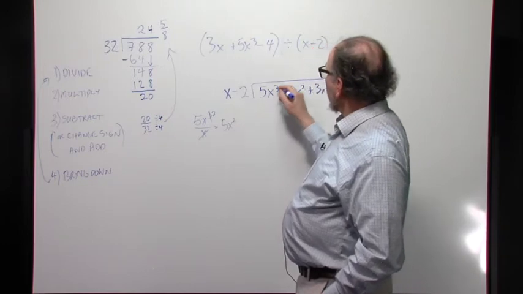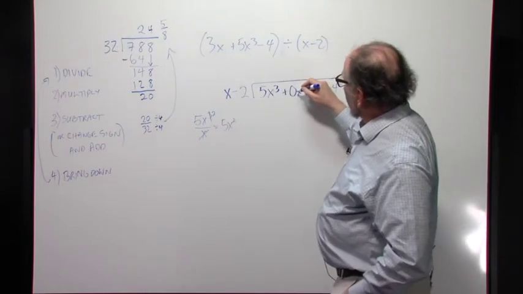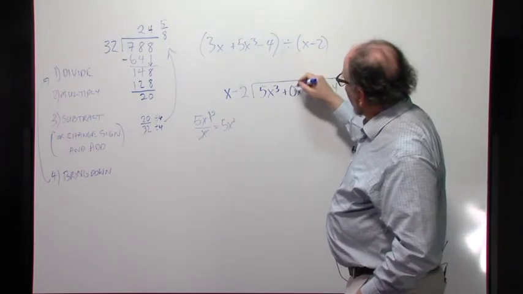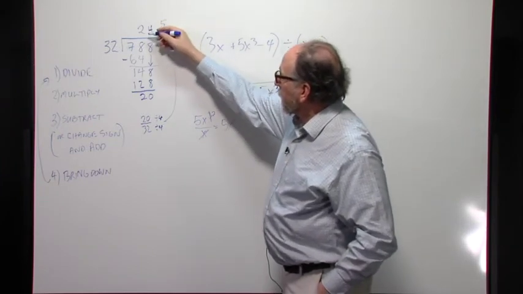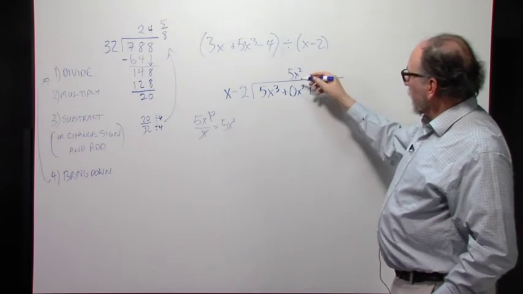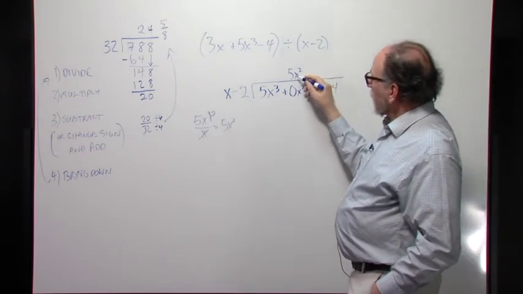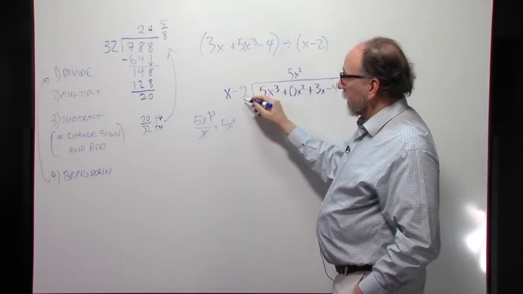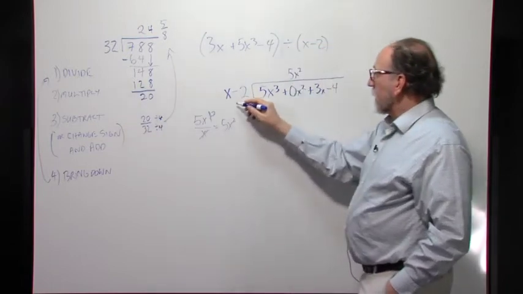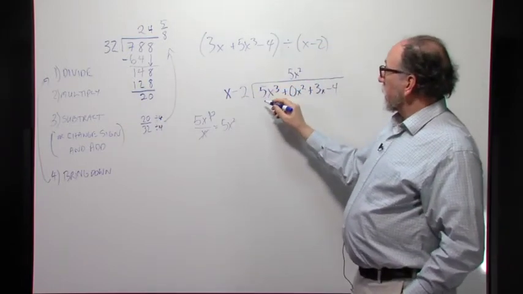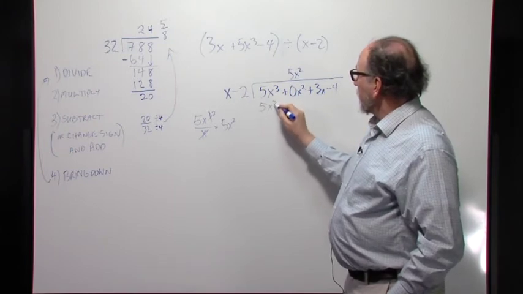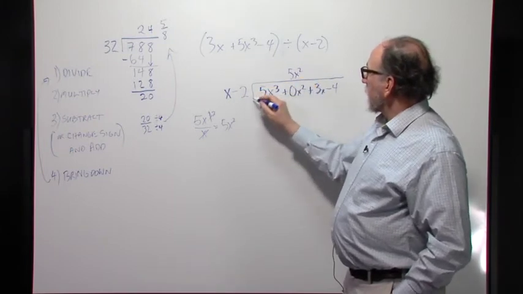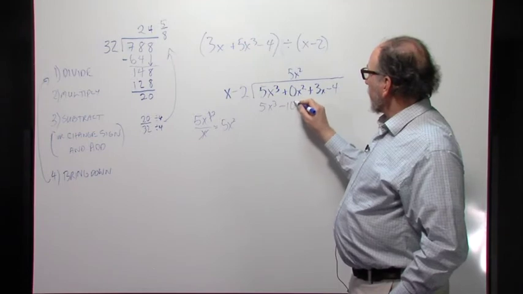So that's 5x squared. We're going to put that in its place above the like term, like a place value, like you'd put 2 here in the tens place. Treat this the same way. And 5x squared now gets multiplied. That's step 2, by x minus 2. We're going to distribute that. 5x squared times x is 5x cubed. And 5x squared times negative 2, negative 10x squared.